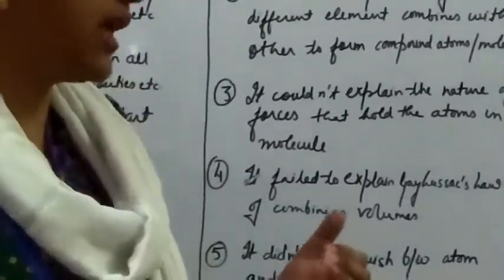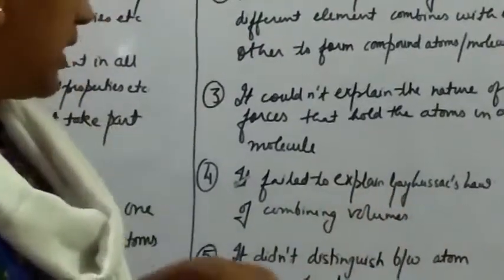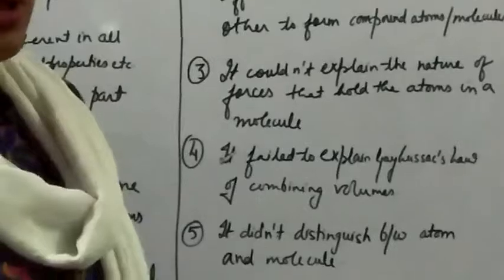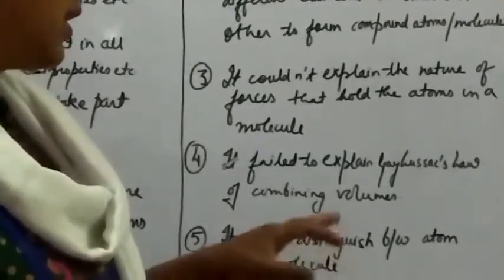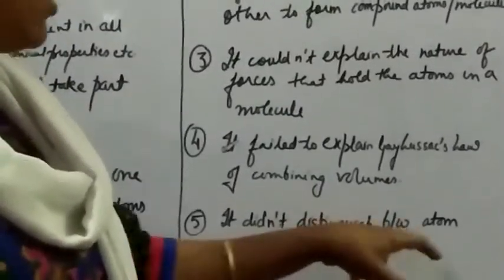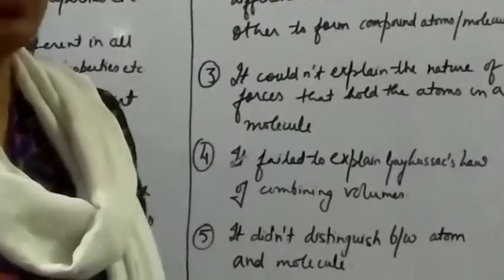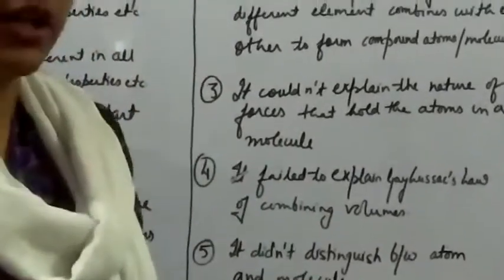He was not able to explain this. Next, he didn't distinguish between atom and molecule. According to him, the atom is the smallest indivisible particle, and he was not able to say what the main difference between an atom and a molecule is.